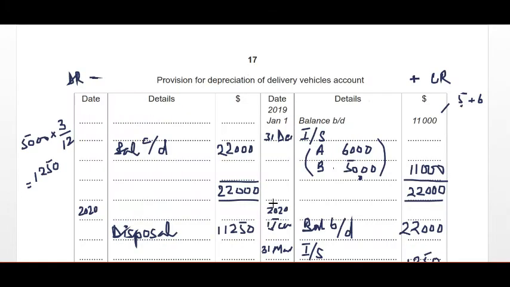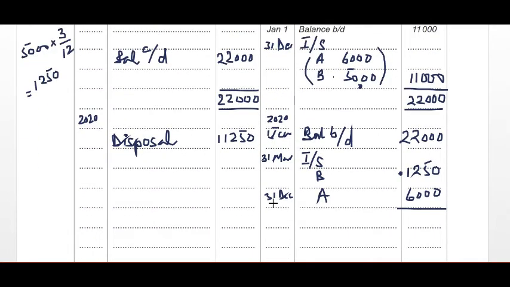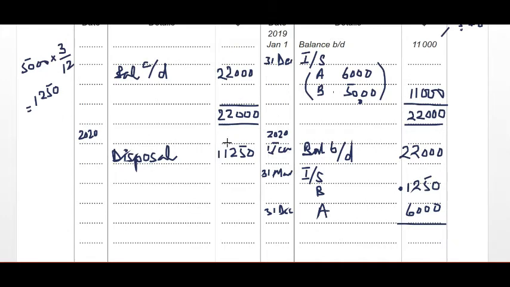So the total depreciation charged on this vehicle was for 2 years and 3 months, and that amounted to 11,250. Now we will be recording this on the debit side, because whenever we are disposing of any asset, its total accumulated depreciation so far, which has been recorded in the books, is written off. That means it is removed from our provision for depreciation account and it is recorded on the debit side.